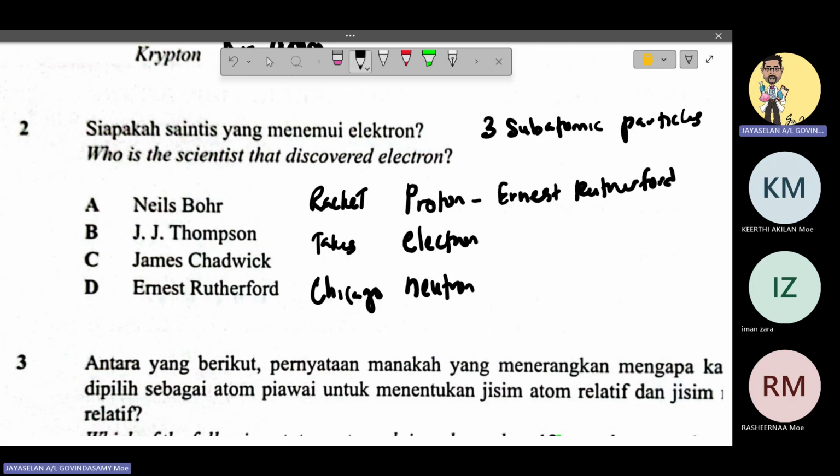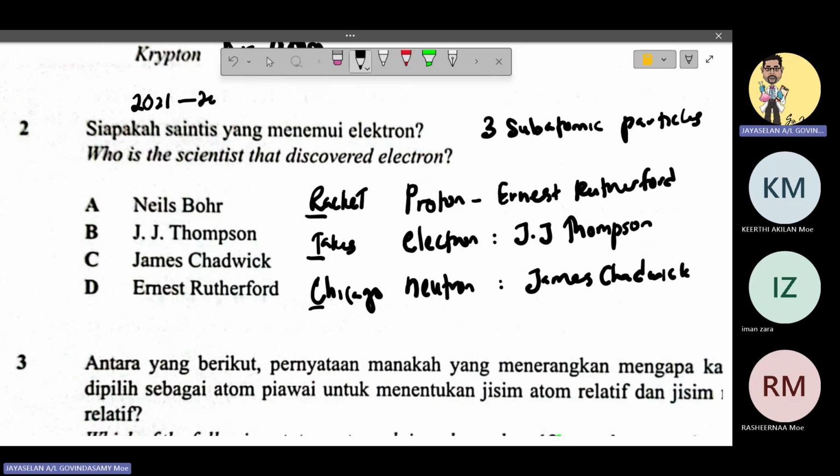So J.J. Thomson is the one who introduced the electron. Chadwick is the person who introduced the neutron, that is James Chadwick. This type of question, from 2021 until 2025, did not appear at all in past years.